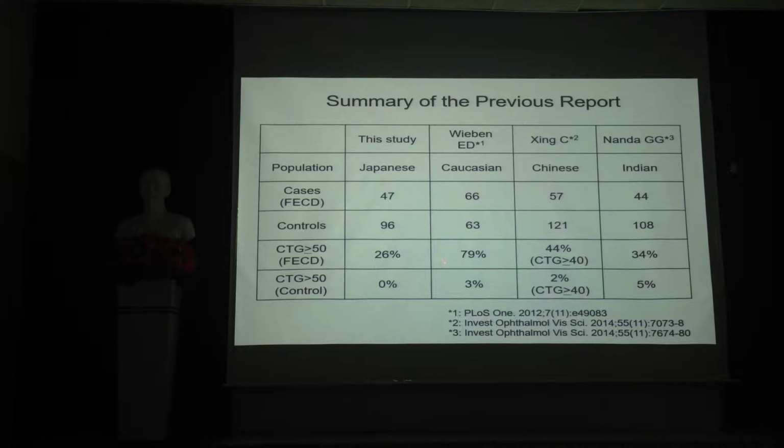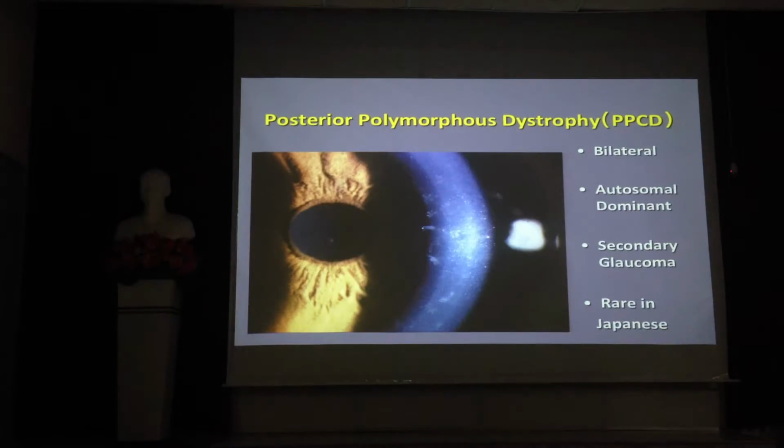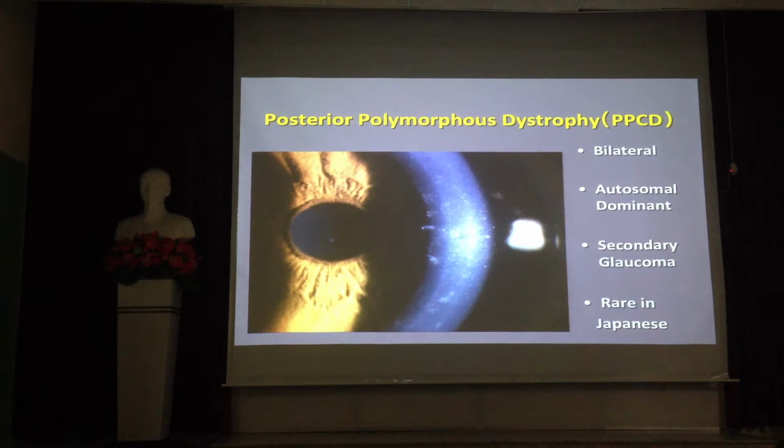So except for the Caucasian, about 1/3 of the patients did show the CTG repeat in the TCF4. So about 1/3 or about half of the patients had an identical abnormality to that seen in the Caucasian population. What about posterior polymorphous dystrophy?